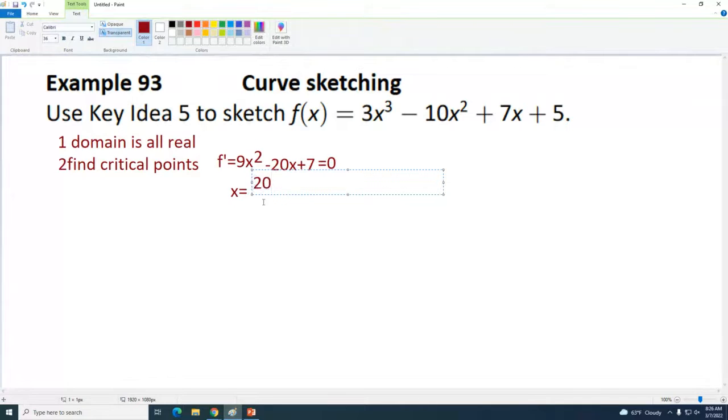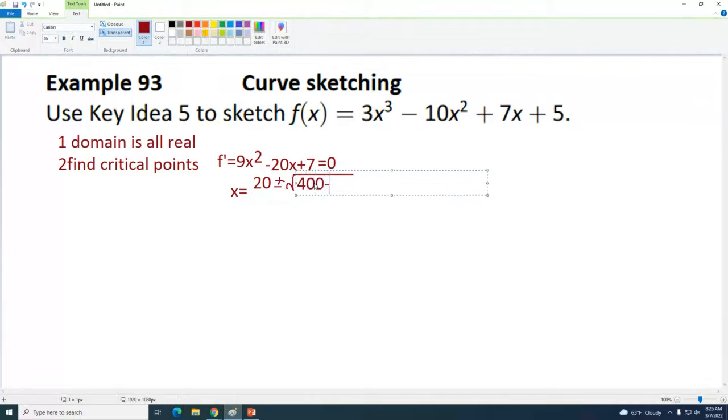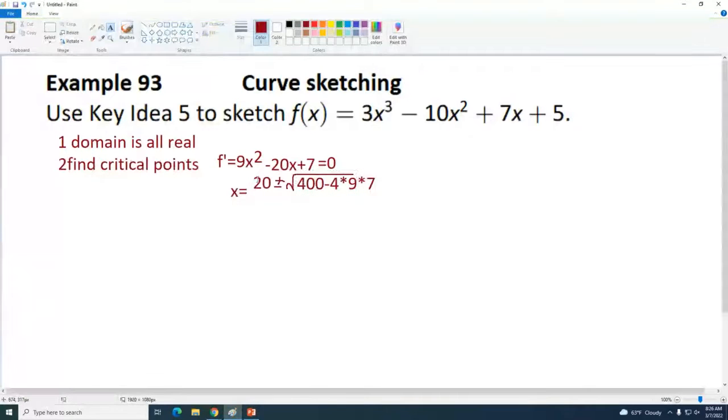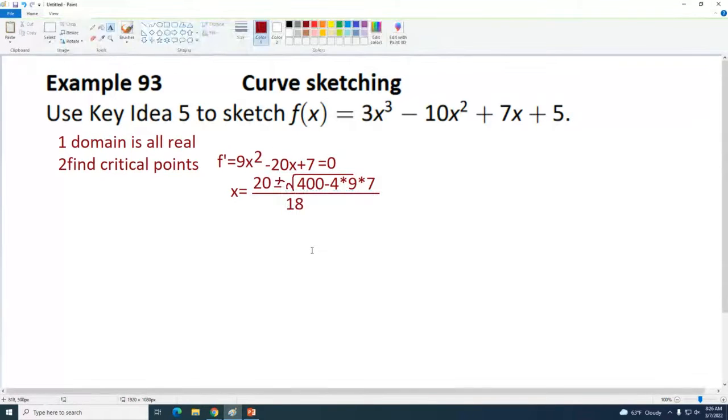Negative b is 20, and then we have plus or minus the root of b squared, 20 squared is 400, minus 4 times a times c. This is over 2a, which makes it 18.